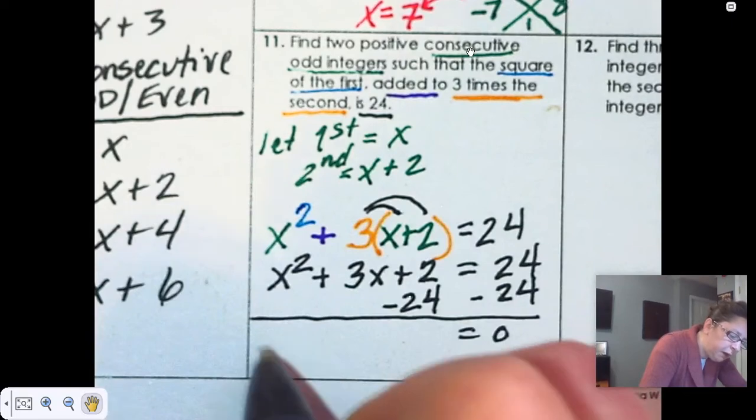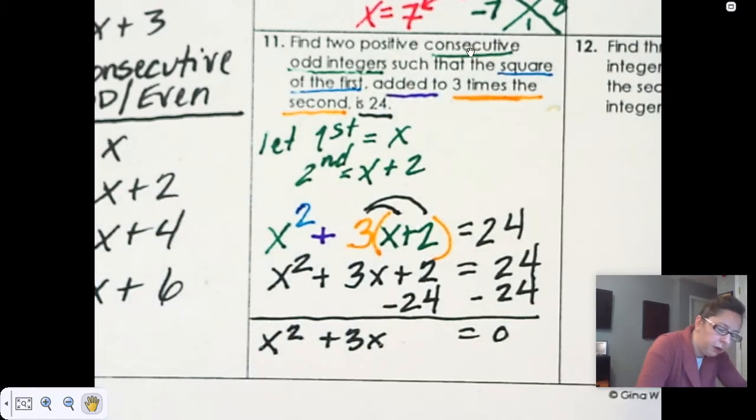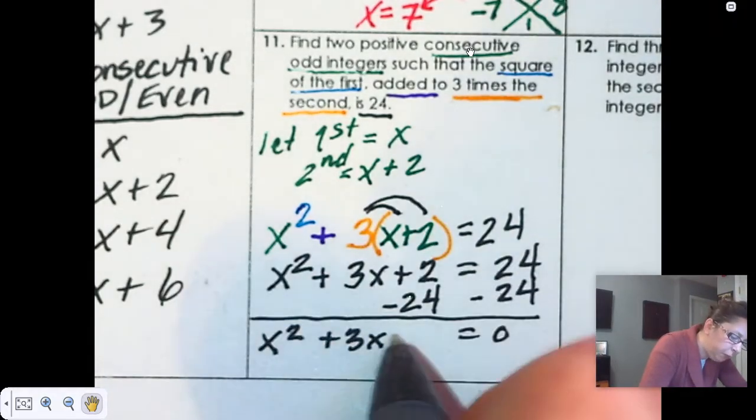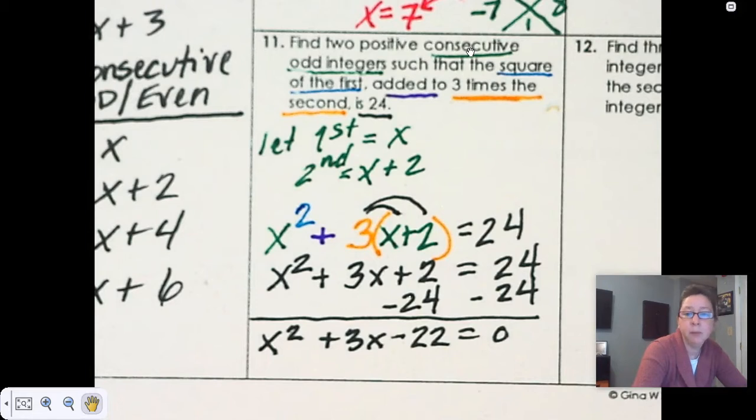And let's simplify. X squared plus 3x, 2 minus 24 is a negative 22. All right. Now I am ready to do the X puzzle and to factor this.